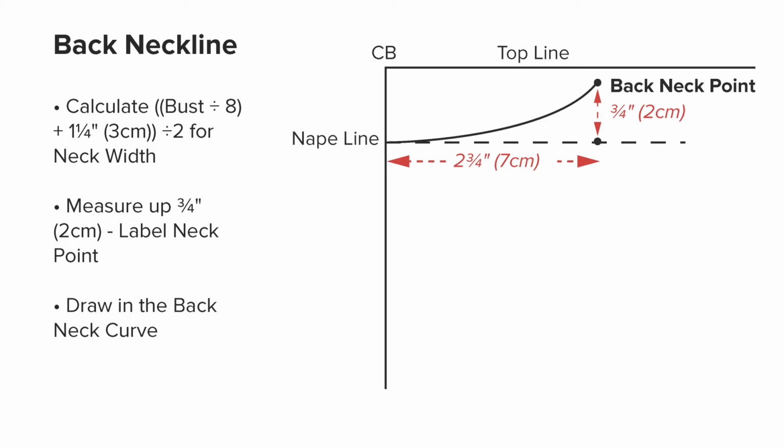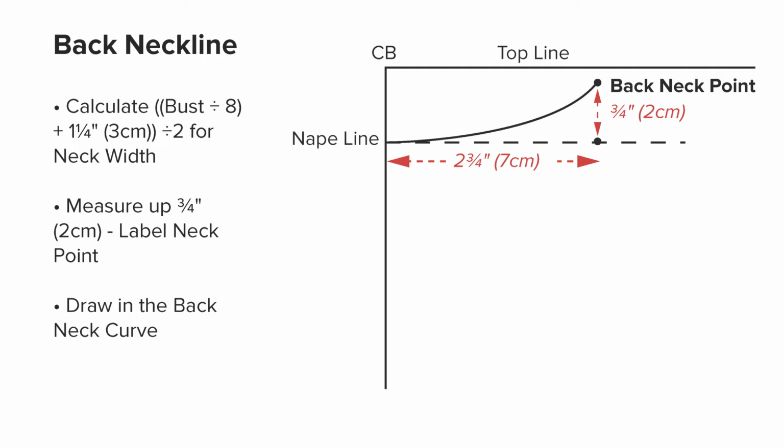The back neckline. Calculate the back neck width to find the neck point. To do this, divide the bust measurement by 8, add 1 1/4 inches, 3 centimeters, and halve the result for the back neck width. For a bust of 34.5 inches, 88 centimeters, the back neck width is 2 3/4 inches, 7 centimeters.